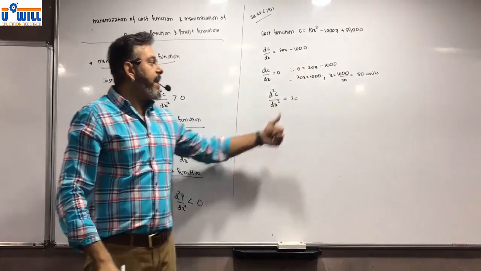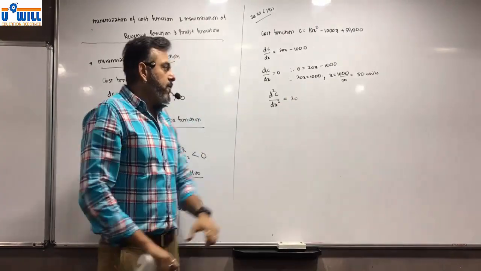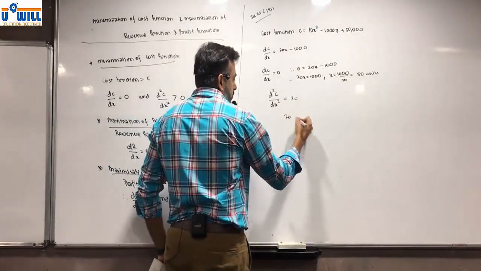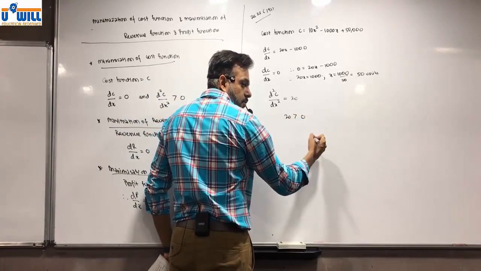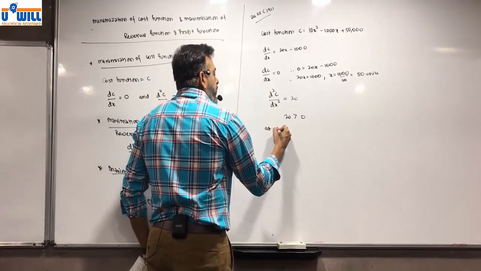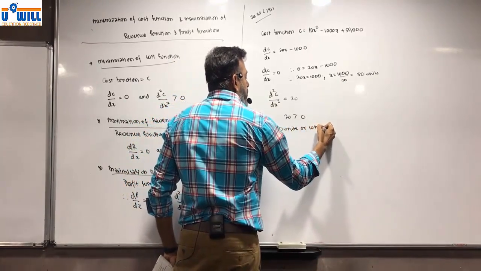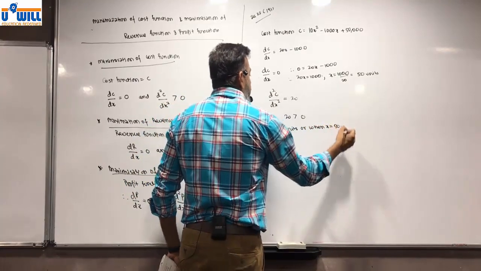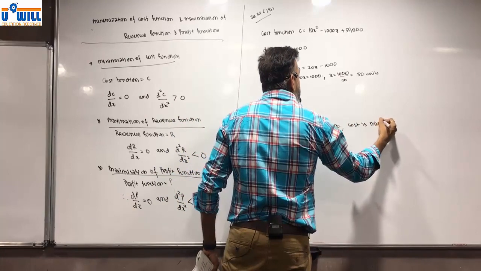Now here यहाँ पे x है ही नहीं. This is a constant. So 20 is greater than 0. Understood this? Okay, so at 50 units, or when x is equal to 50, cost is minimum.